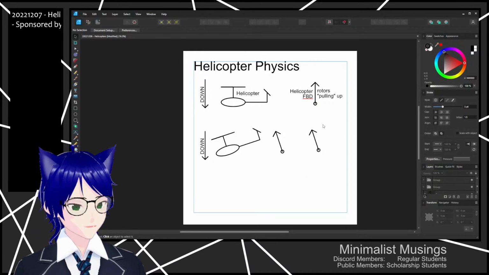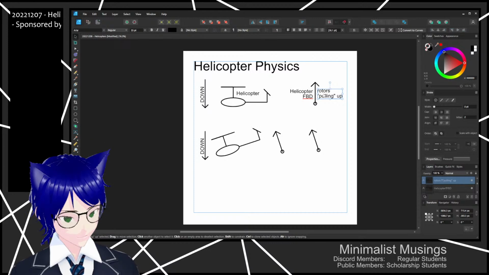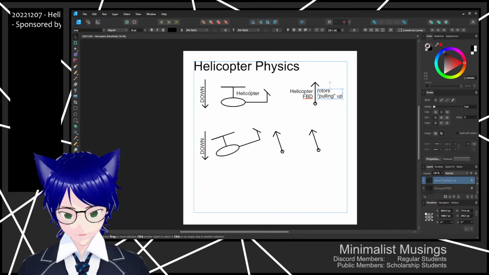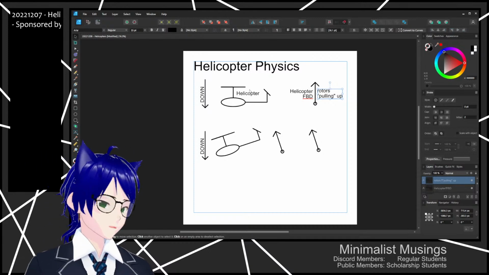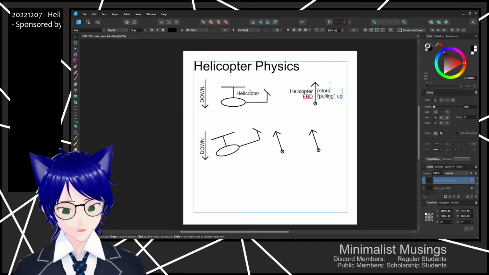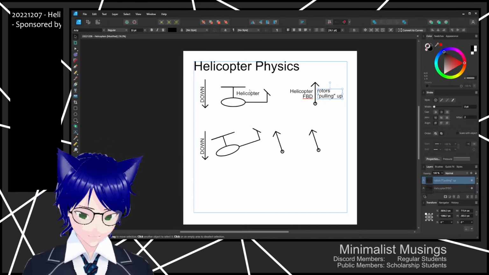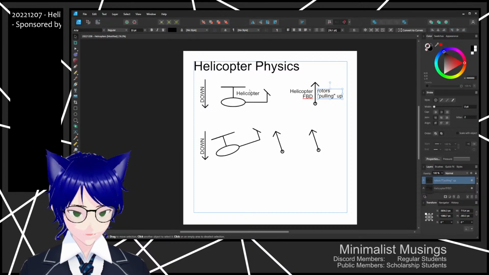Okay. The arrow signifies the force of the top rotors of the helicopter, right? So if it's spinning, there's a force pulling upwards on the whole body of the helicopter, and that's moving it upwards. I don't know how I can be any more clear about that.